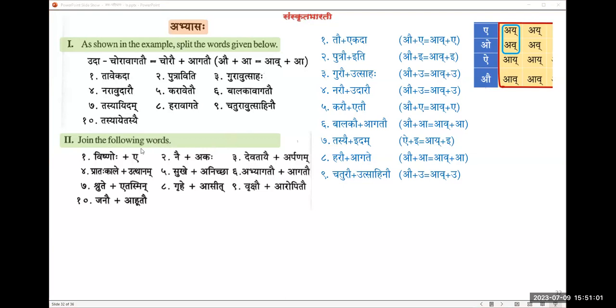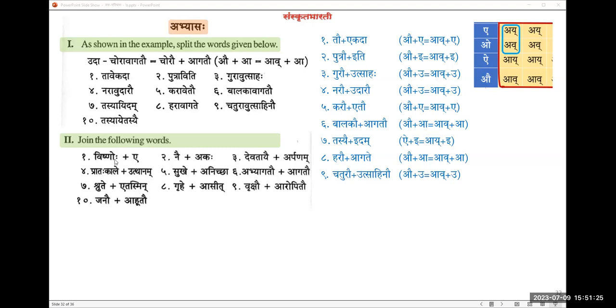Yes, now sir, you have to join the words. Easier one for you. Vishnoho plus E. O plus A. Actually, they have made a mistake there. It should not be Visarga there. Somebody in typesetting became very enthusiastic to throw in a Visarga.